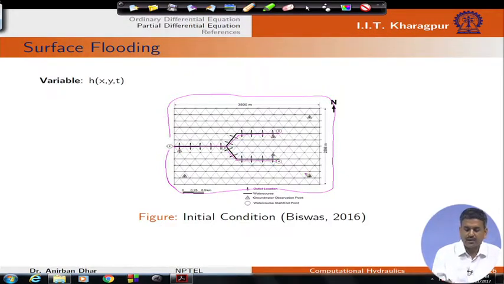So, obviously, from the channel there is lateral inflow to the surface area, and water spreading is there because of this channel inflow.